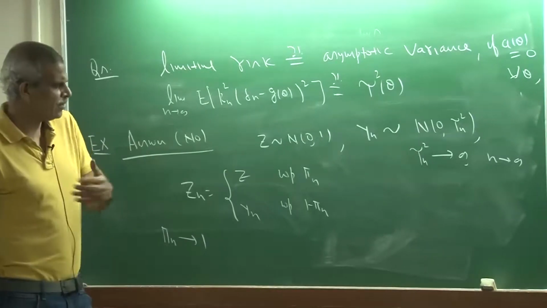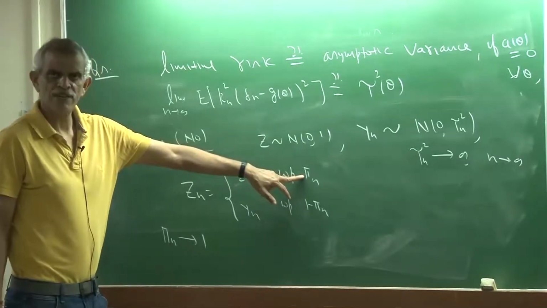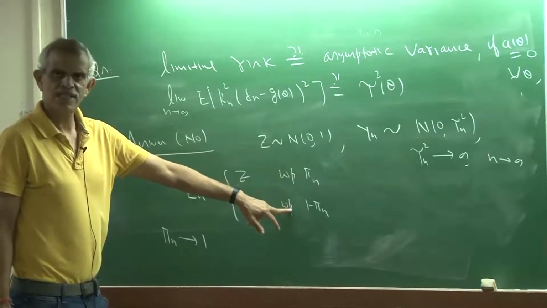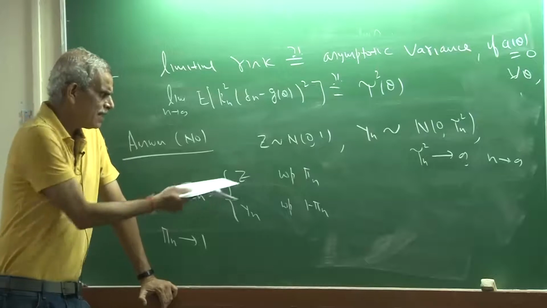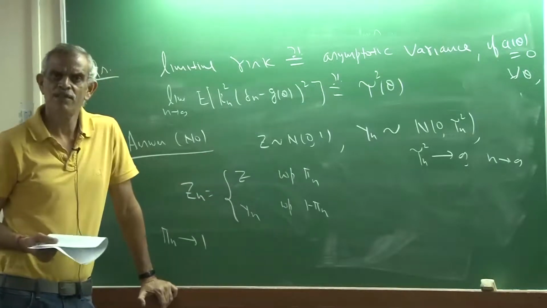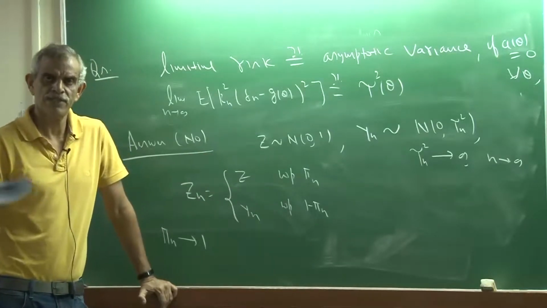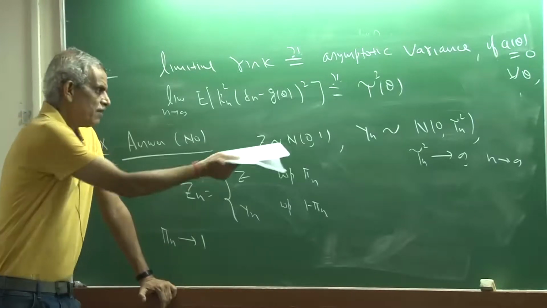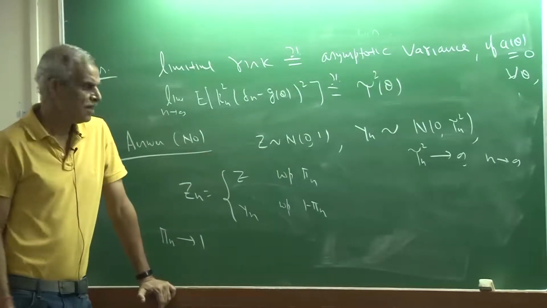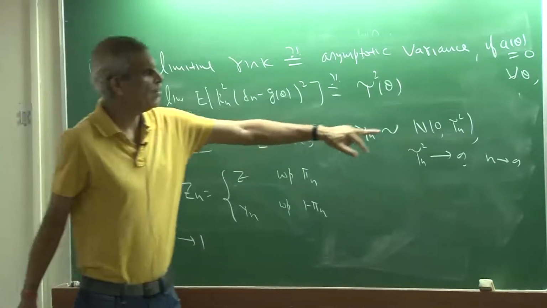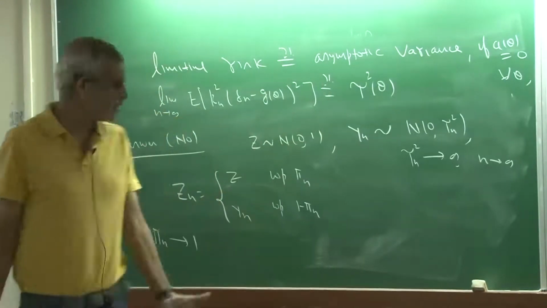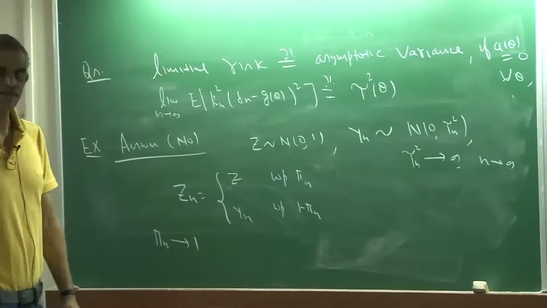On the nth occasion, you toss a coin whose probability of head is pi_n and probability of tail is 1 minus pi_n. If you get a head, you take the random variable to be Z, which is equivalent to saying that you observe one value from normal 0, 1. Whereas if you get a tail, then you observe a value from normal 0, tau_n square, and that is what gives me the random variable Z_n.